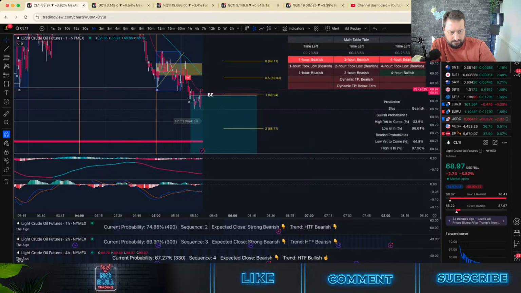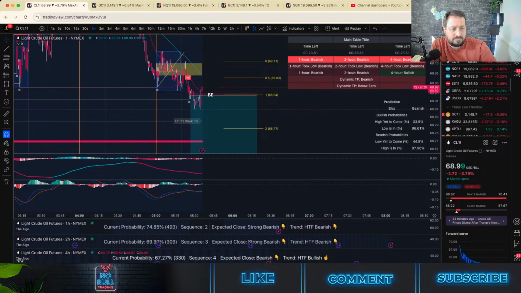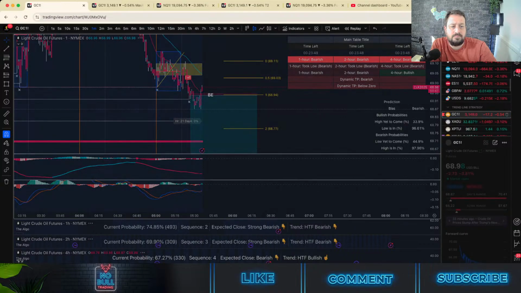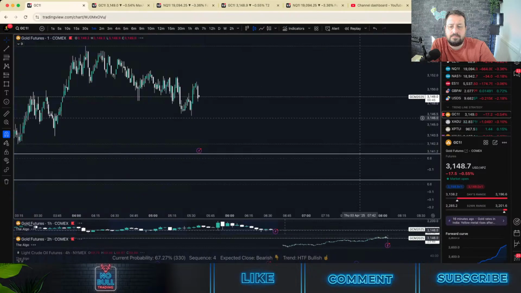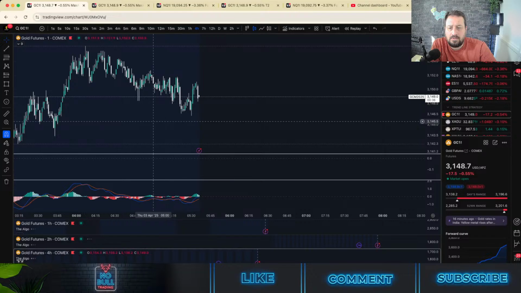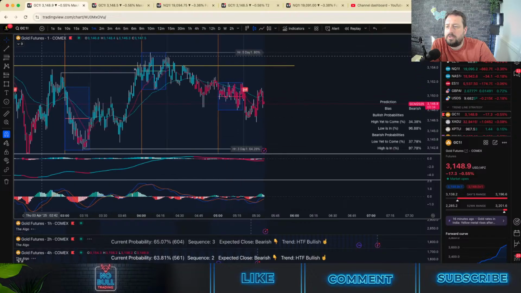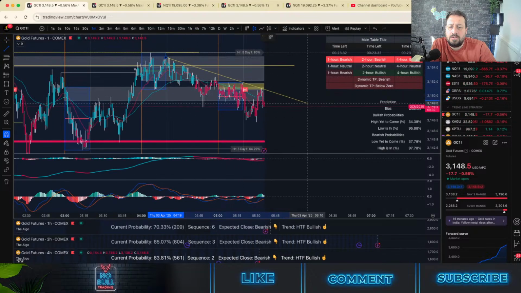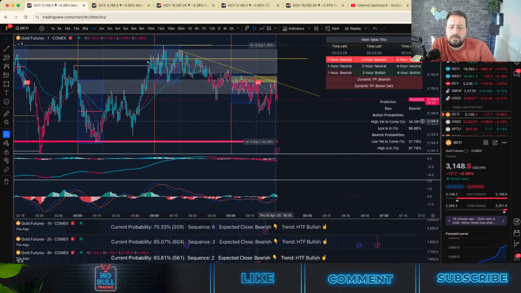Another. I like these little scalpy scalps. Yeah, I mean, that is a lazy boy trade, isn't it?